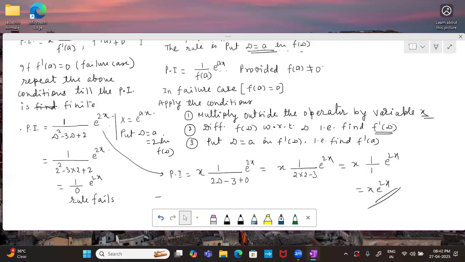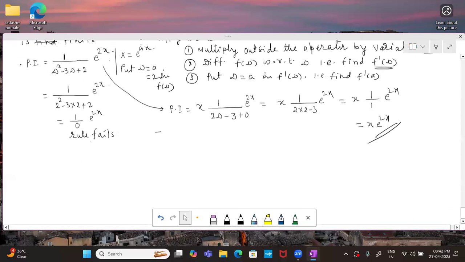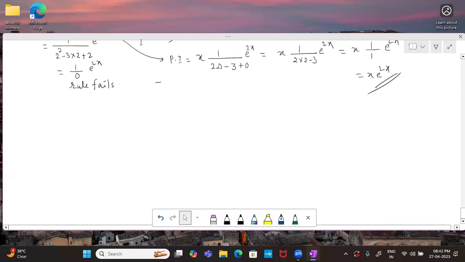Now again see, suppose a particular case of this PI also, one of the type in the PI for an exponential function, 1 upon D minus a raised to r operating on e raised to x.